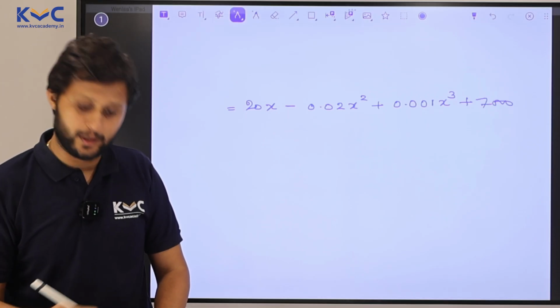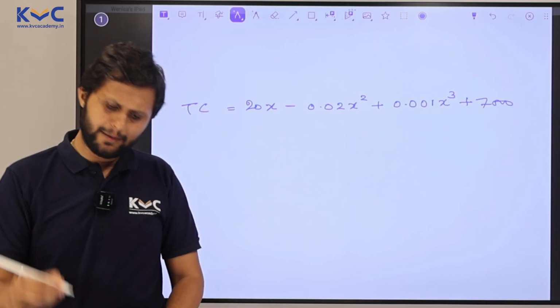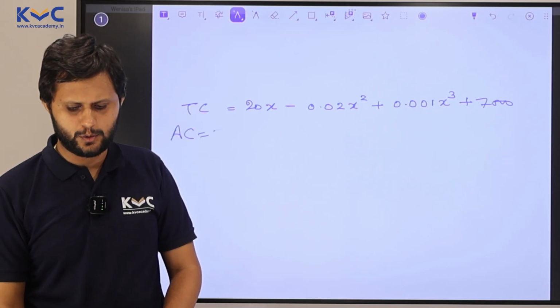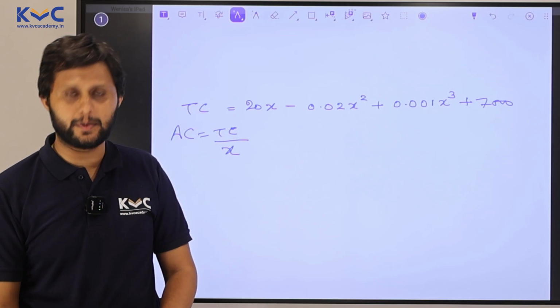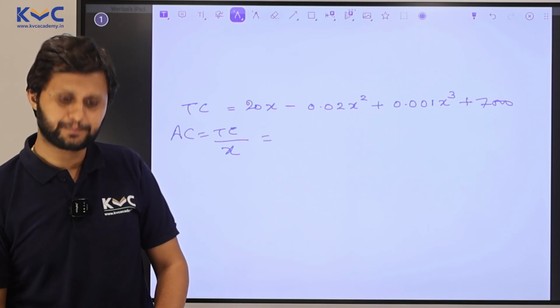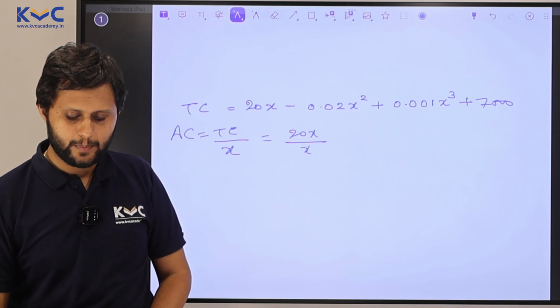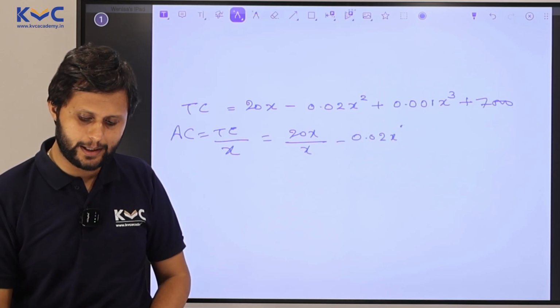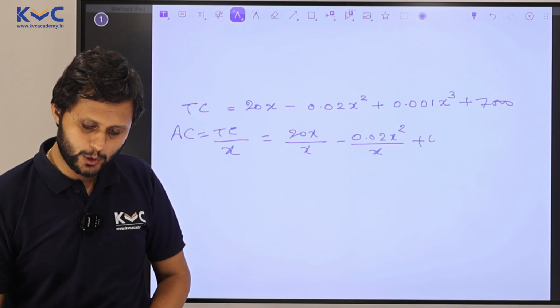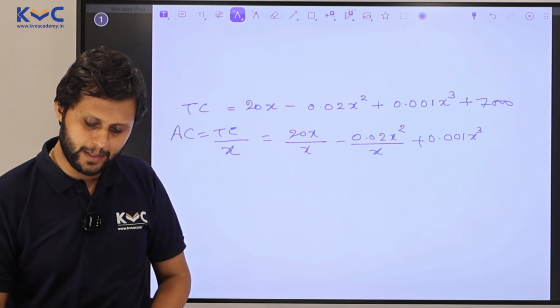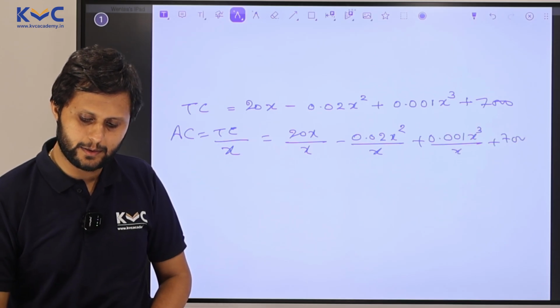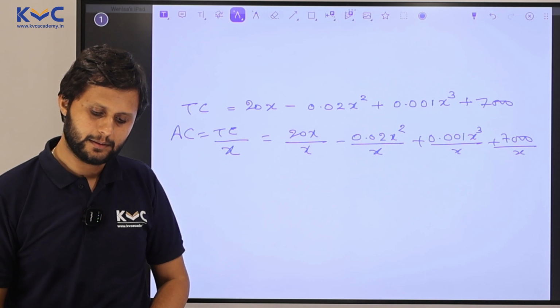This is the cost function. So we have total cost. Average cost is equal to total cost divided by number of units, divided by x. So we have 20x by x minus 0.02x square by x plus 0.001x cube by x plus 7,000 by x.